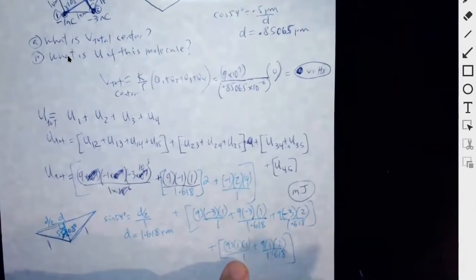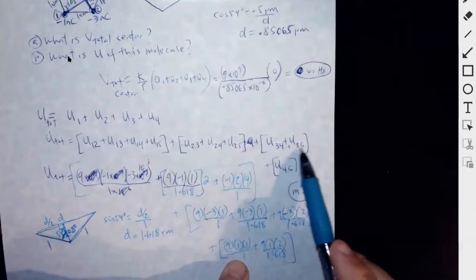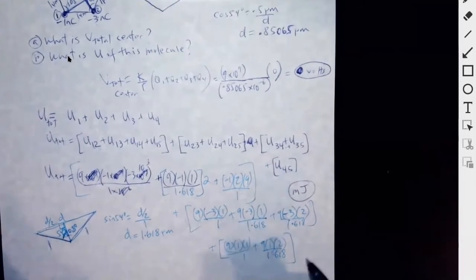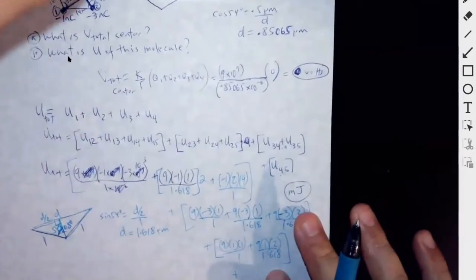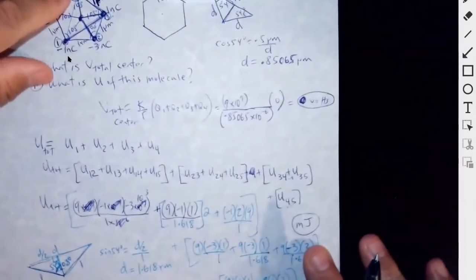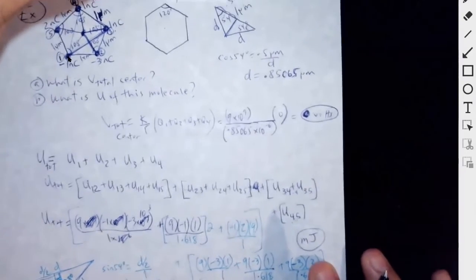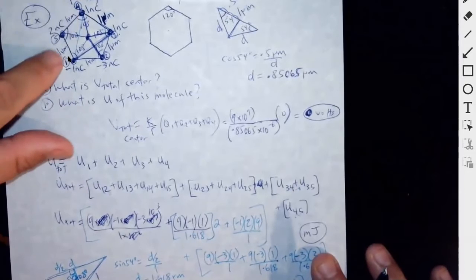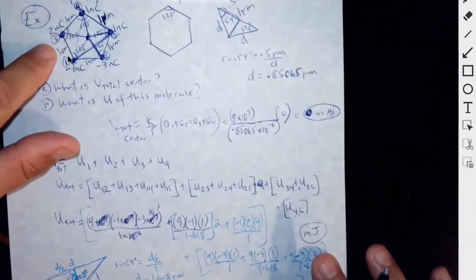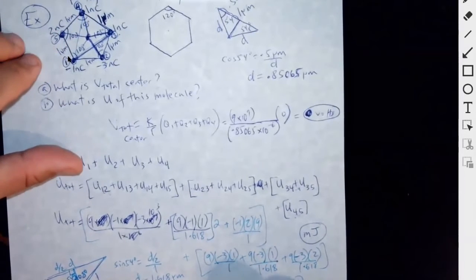Okay, so this one is these two, U34. And then the final one, U45, is going to be what? This with this. Just trying to get the whole page. So 1 with the 2, right? U45, 1 with the 2. So 9, 1, 2 over 1.